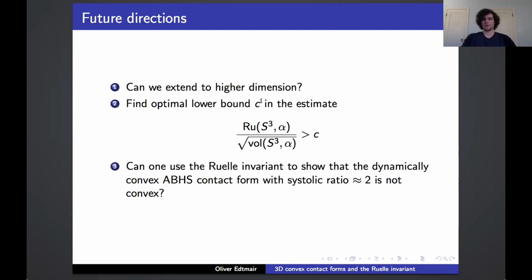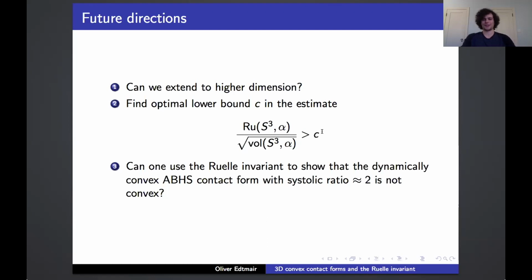One reason why this could be interesting is that we still have this ABHS contact form, which is dynamically convex with a systolic ratio of roughly 2. And right now we cannot really say anything about that because the constant C we have so far, we didn't really try to make that explicit. We prove that it's positive. I guess if one goes through all the estimates, one could get some explicit number, but right now that number would be very small.